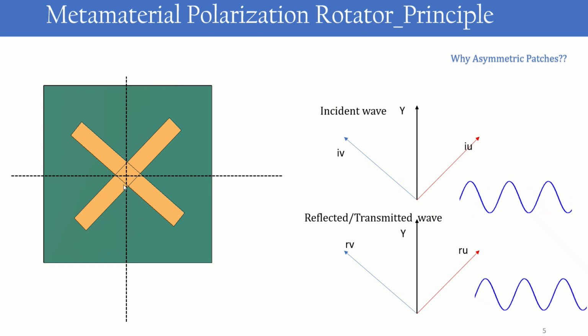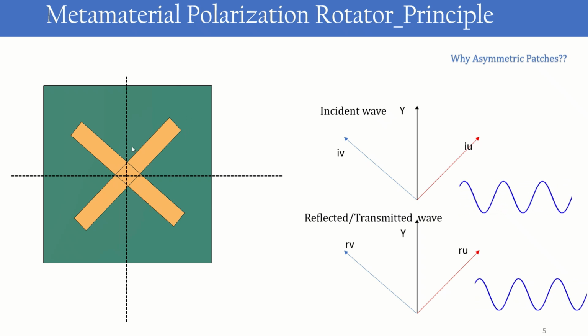As it has the fourfold symmetry, both the U component along this direction and the V component along this direction will have the same response. So they will cause the resonance. That means after the reflection or the transmission, both the U and V components will be in the same orientation. So this is the reflected or transmitted wave.